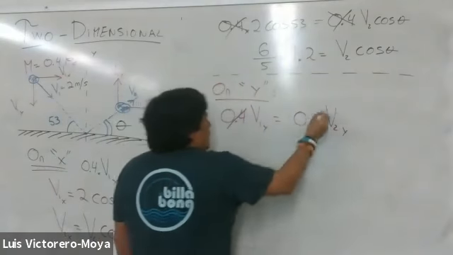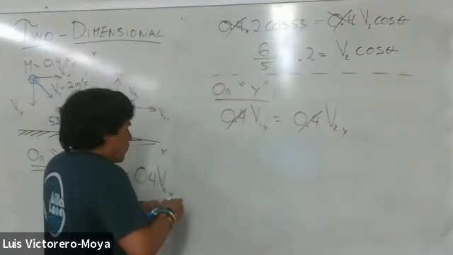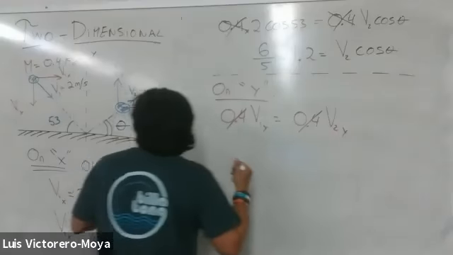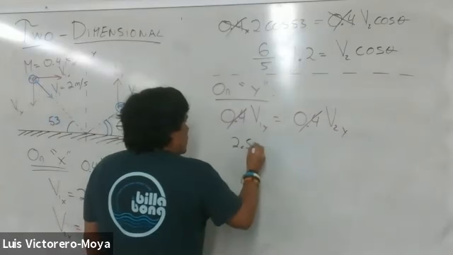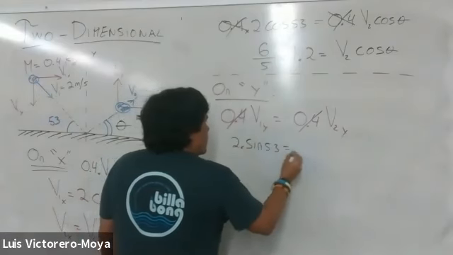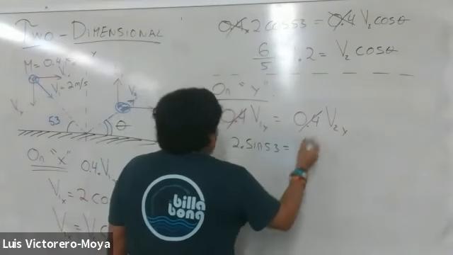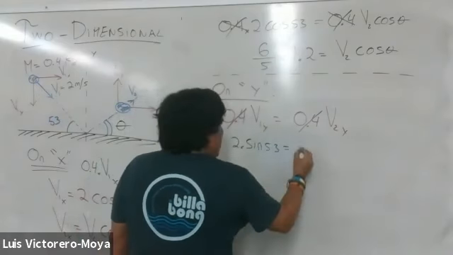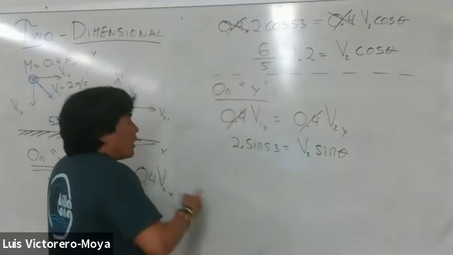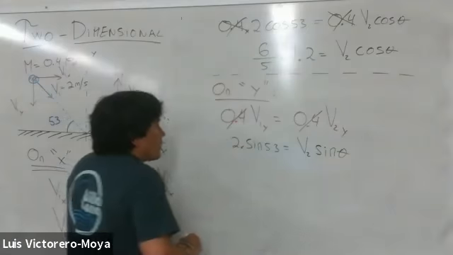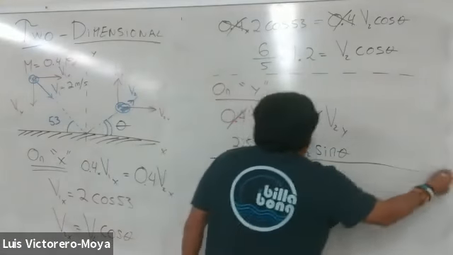So mass and mass cancel. V1y is 2 sine 53, equal to V2y, which is V2 sine theta. Sine 53 is 4/5, 8/5, 1.6. So what you get is this.